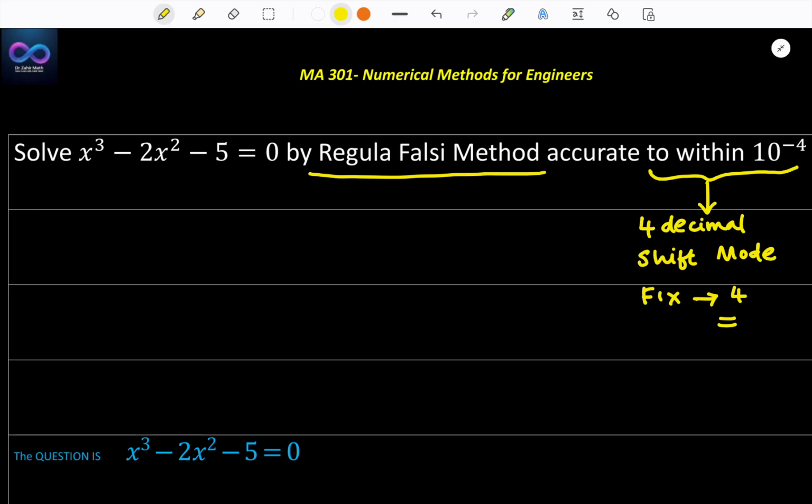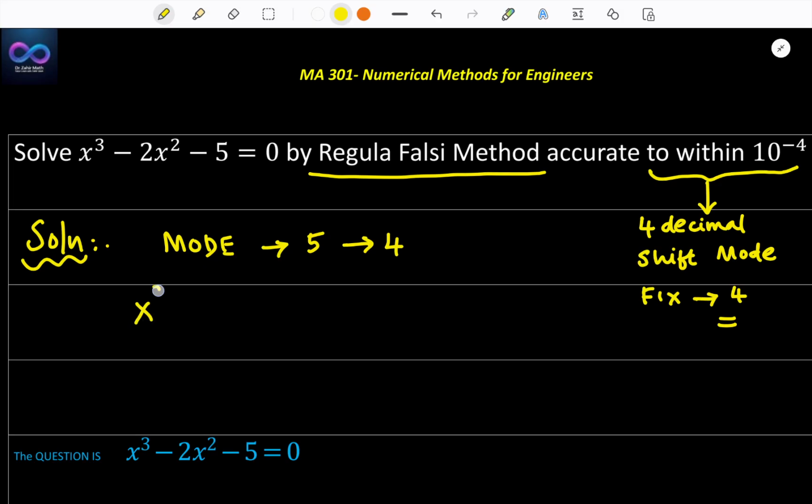So it is given x cube minus 2x square minus 5 equal to 0, right? So let us start the solution. How to get the answer? First step is you need to find this answer in the calculator. For this, just go to mode, then equation, number 5, and then number 4. It will ask you for a, b, c and the constant.